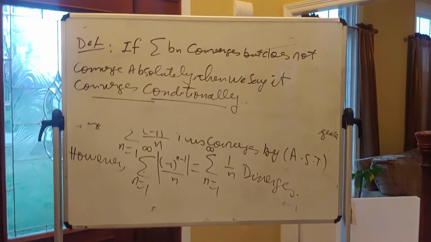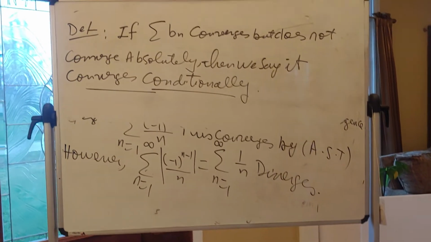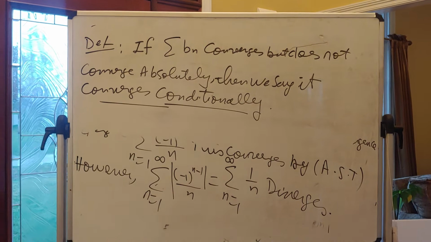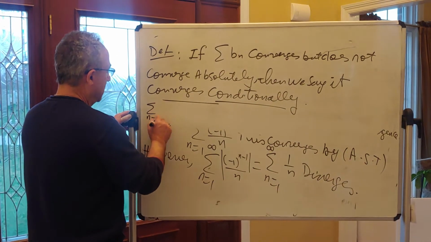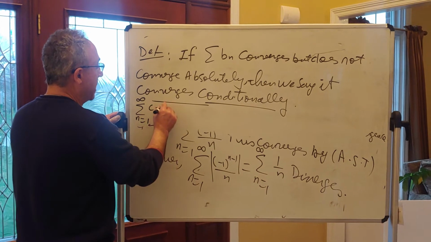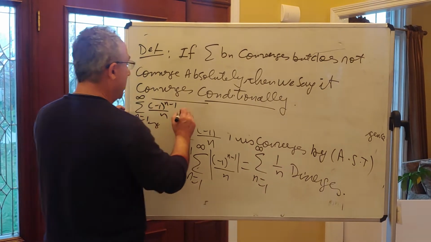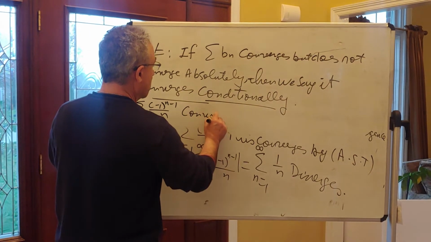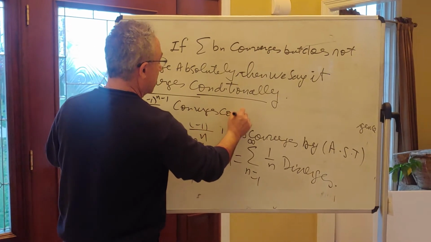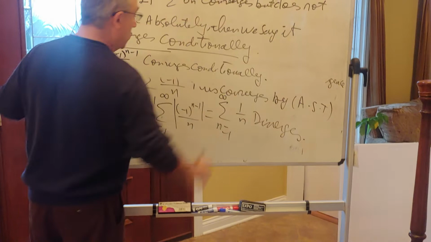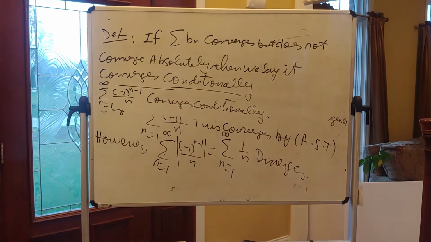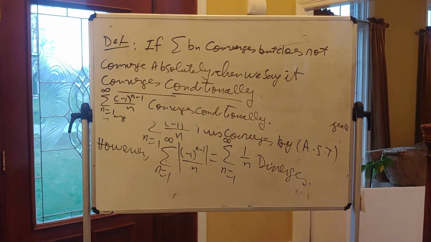So the series converges conditionally because it does converge but not absolutely. The sum from n equals 1 to infinity of minus 1 to the n minus 1 over n converges conditionally, because we just saw that the series converges, but it does not converge absolutely.